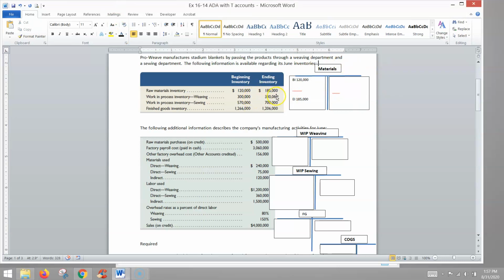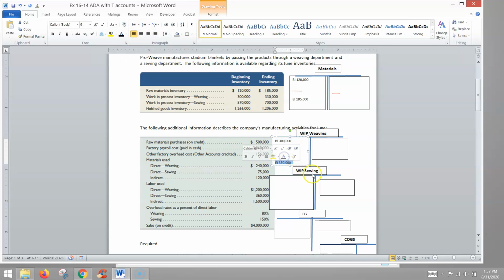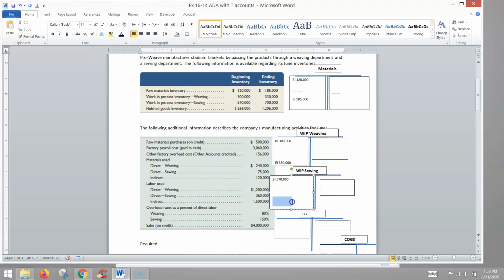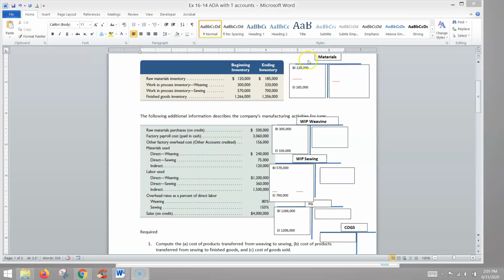I'm going to do the same thing for the two work in process accounts and the finished goods inventory. So as you can see, I have all of the inventory amounts listed. Now we're going to go through the additional information to see how it affects our inventory accounts.